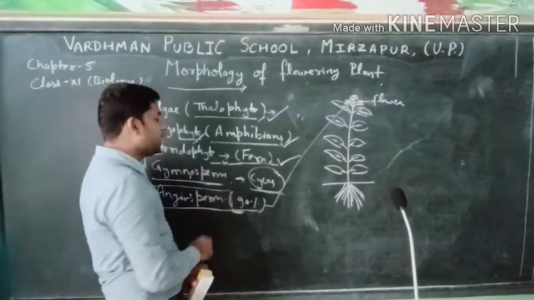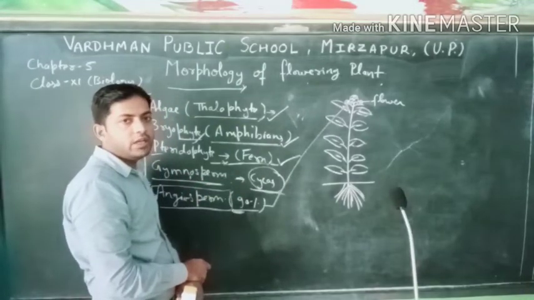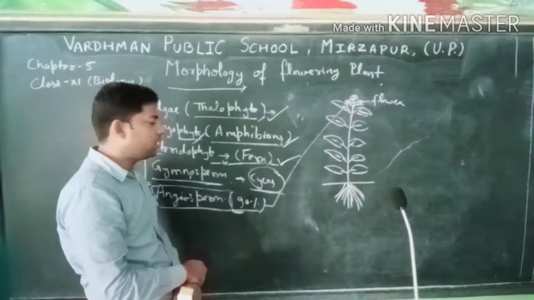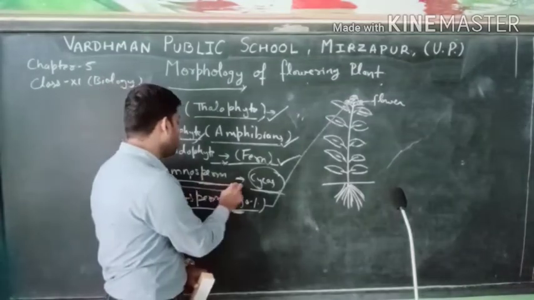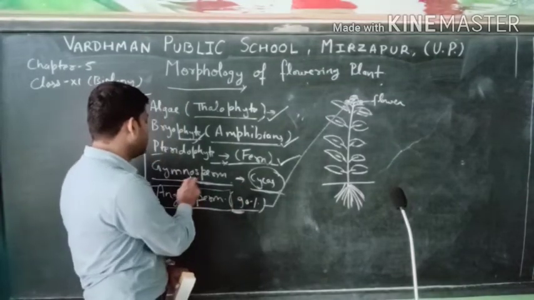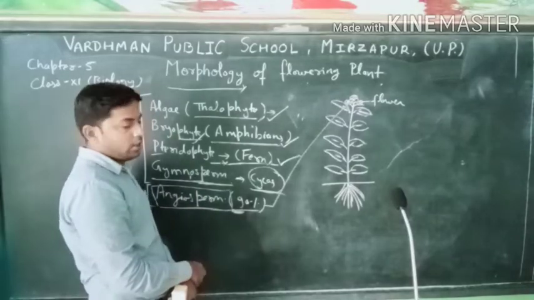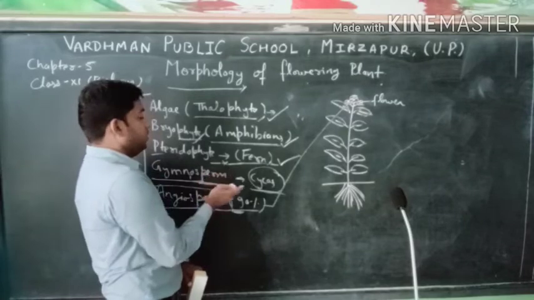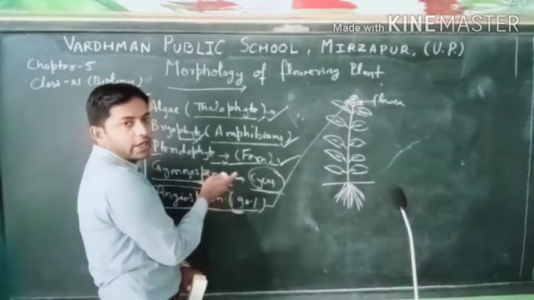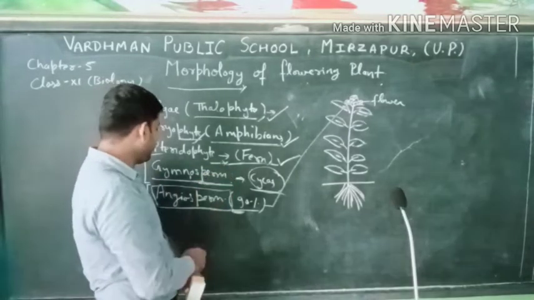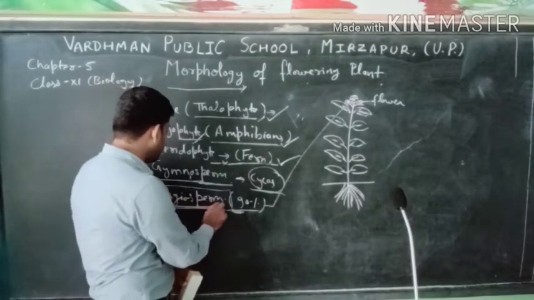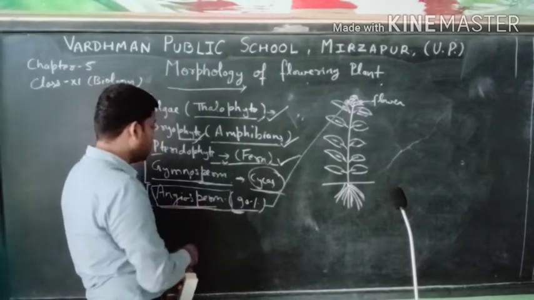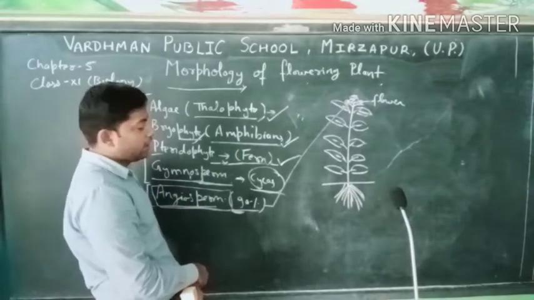So at the time of the dinosaurs, when the dinosaurs came on the earth, our whole earth was covered with gymnosperm plants. Now when the dinosaurs went extinct, a new variety of plant came, which is known as the angiosperm plant.